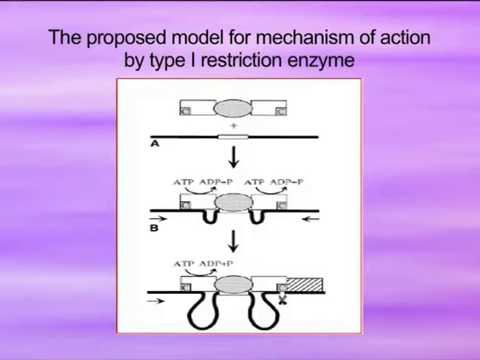It can only cleave the DNA when it collides with another structure or with another type 1. In this way we can understand better the cleavage mechanism by type 1 restriction enzyme. Thus we can say that the type 1 restriction enzyme is a DNA methyltransferase, a restriction endonuclease, a DNA-dependent ATPase and a DNA translocase.